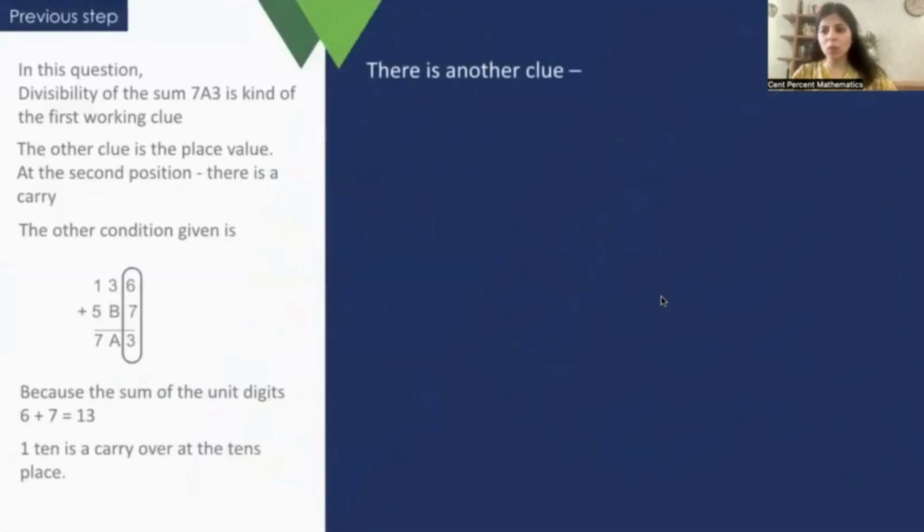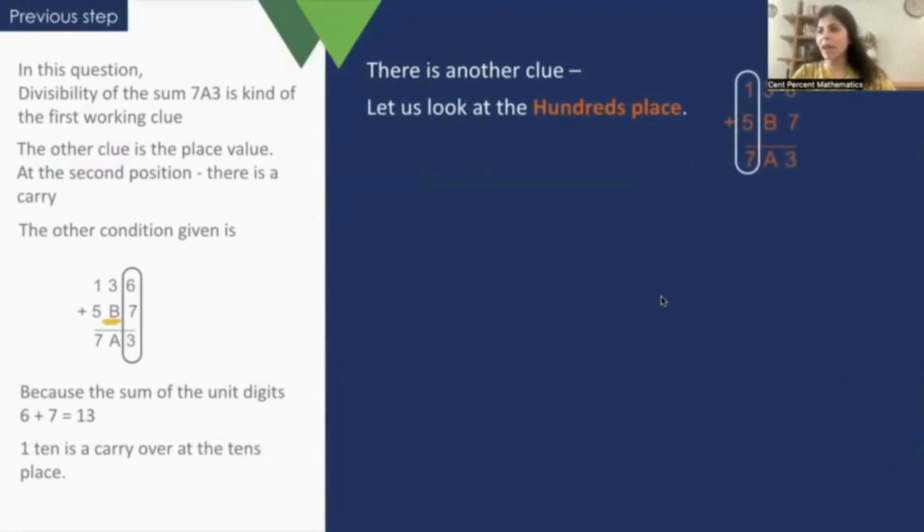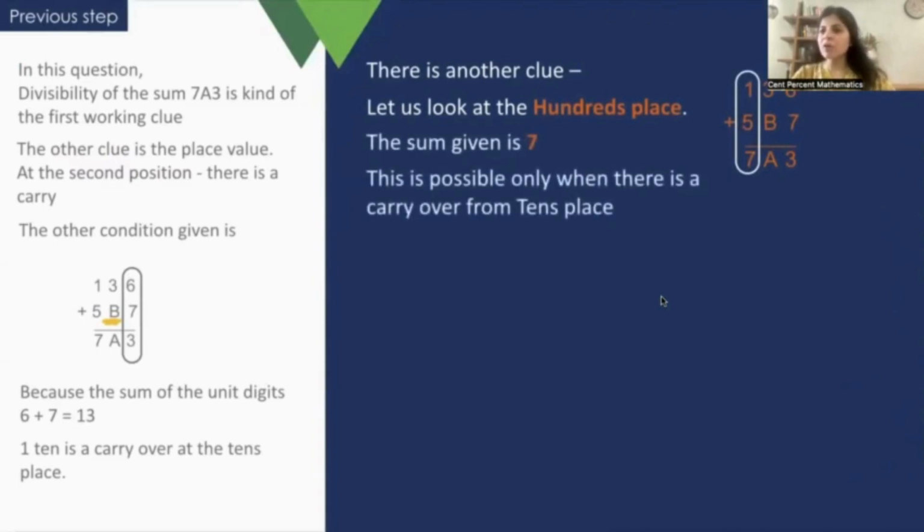Now there's another clue. Let us look at the hundreds place because the tens place contains a B. So let us look at the hundreds place now. And what do we get? When we add 1 and 5, we get a 6, but the sum there is 7. That means there is some carryover to the hundreds place also.